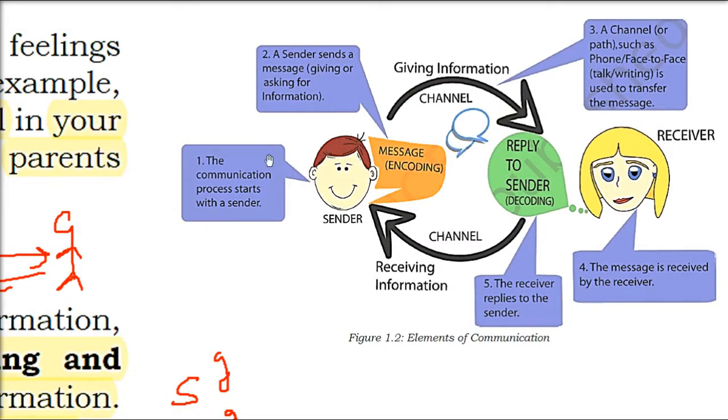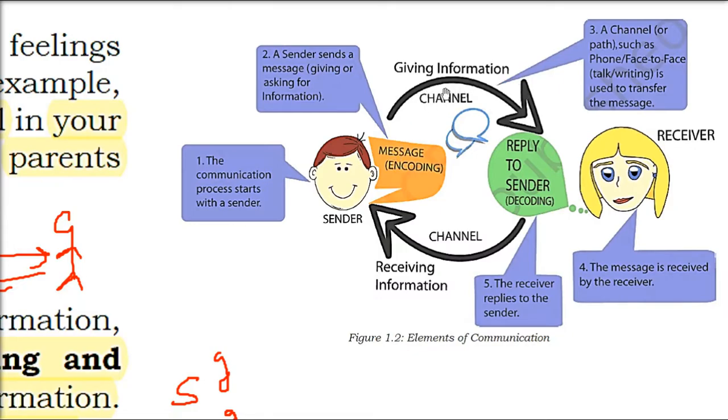The first thing is you have to start a communication. So you are a starter. Whatever you want to send, you start thinking in your mind, and then you want to type or speak. So you are encoding the message before delivering.